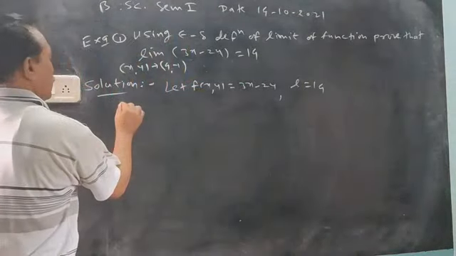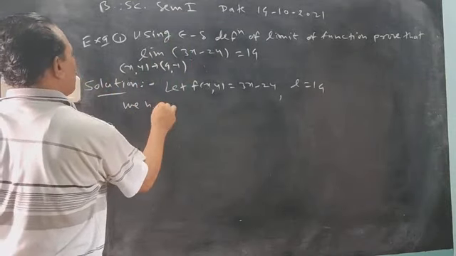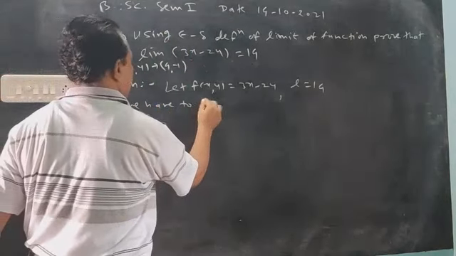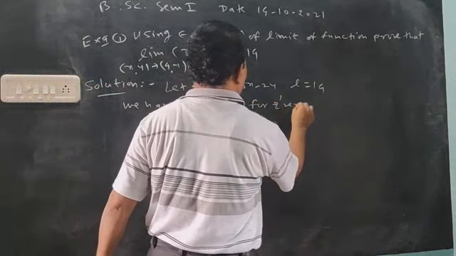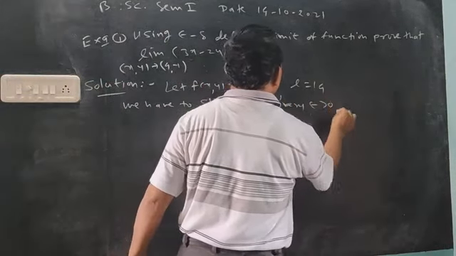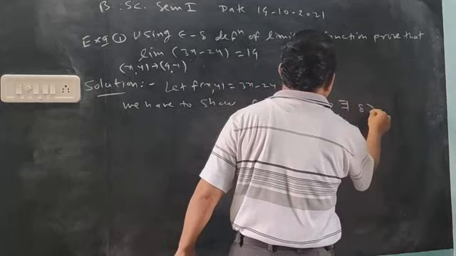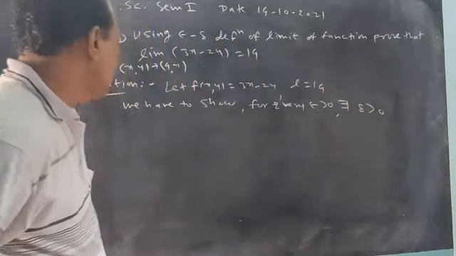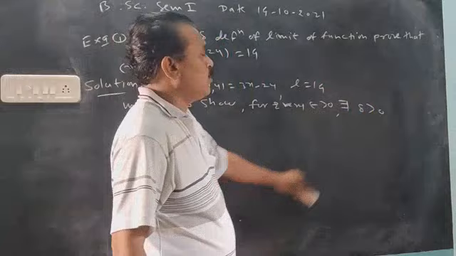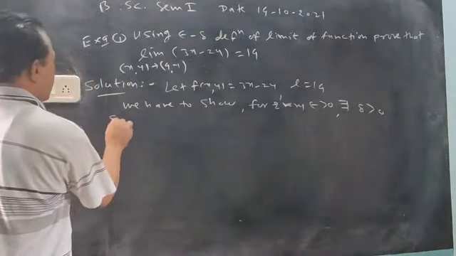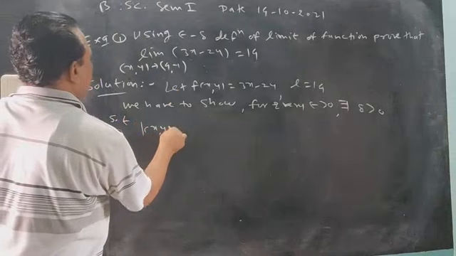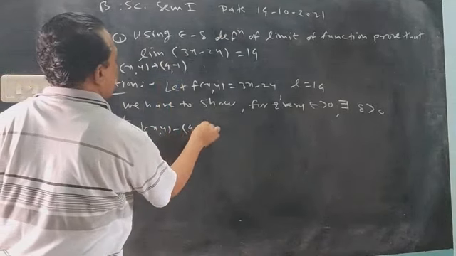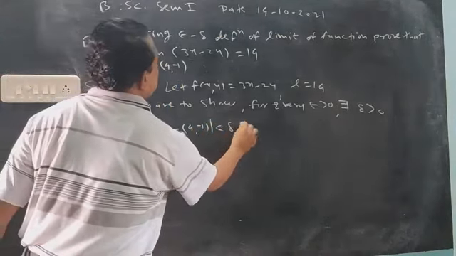So we have to show that for every epsilon greater than 0 there exists a delta greater than 0, by the definition of limit, such that mod of (x, y) minus the point (4, minus 1) is less than delta.